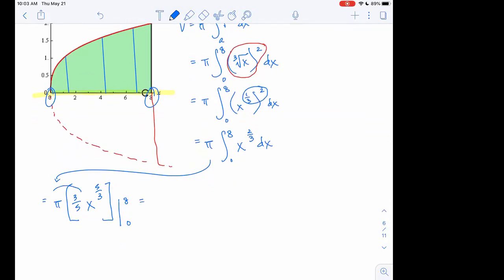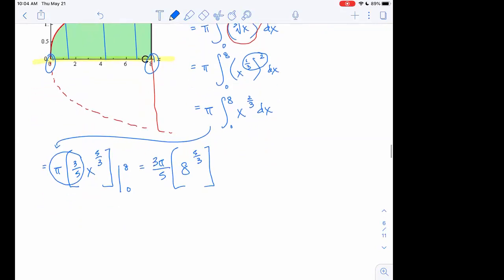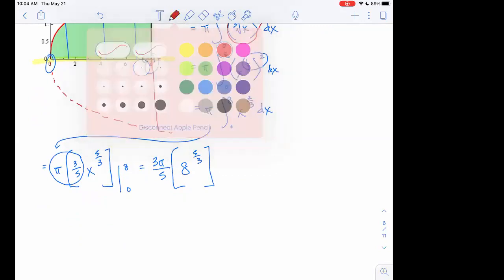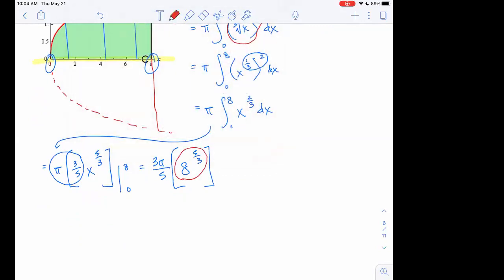All right, let's get these constants out in the front together. So 3 pi over 5. And then I have 8 to the 5/3. And I don't need to plug in 0 because, again, 0 is going to 0 out that whole second term, okay? But I really want to make sure that this kind of simplification is a skill that we feel comfortable with, that we're not immediately just reaching for our calculator, all right?